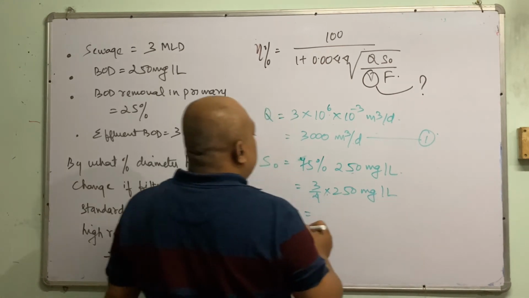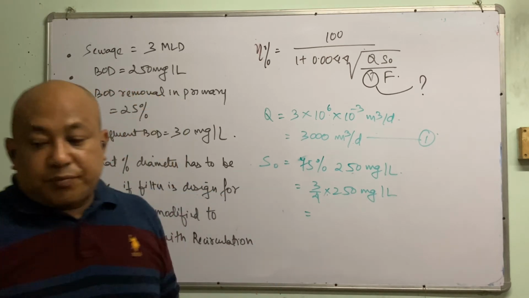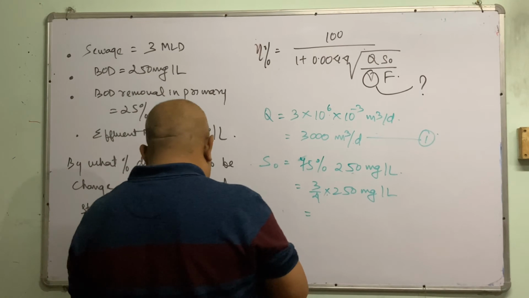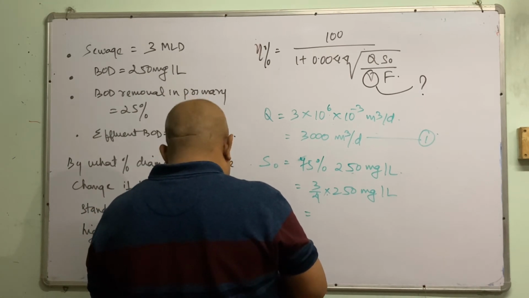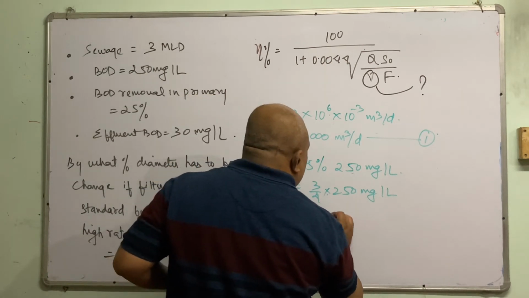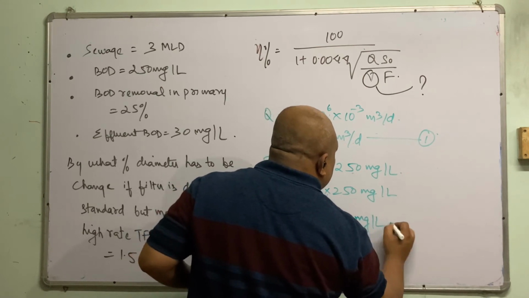Let me make it very accurate. So it is 187.5 milligram per liter.